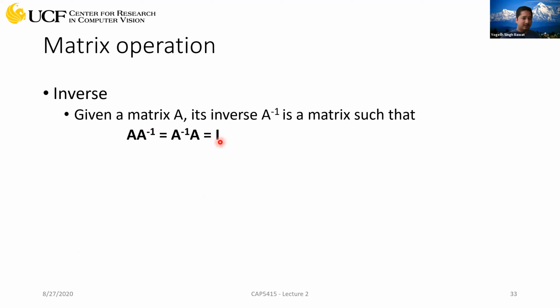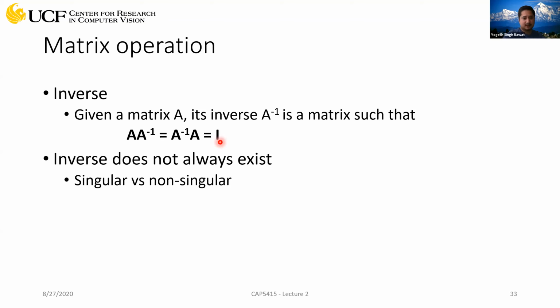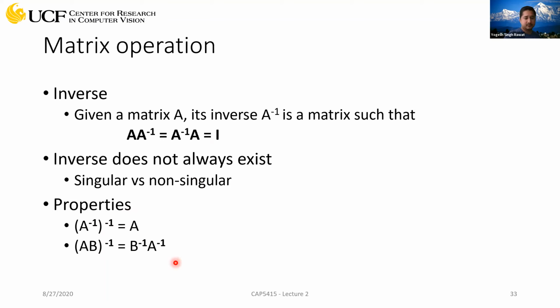And identity matrix is just ones in the diagonals, and inverse does not always exist. So if you don't have any inverse, we call that singular matrix. And if you have an inverse, that's called non-singular. And these are some of the properties. Again, if you take inverse of an inverse, you will get the matrix back. And if you are taking multiplication, then you have to swap the inverses to get the same value.